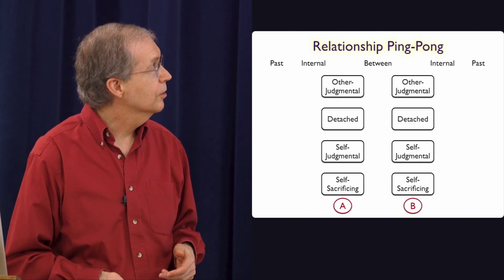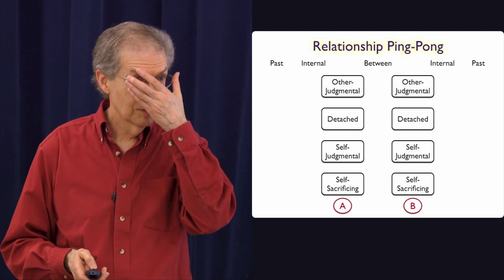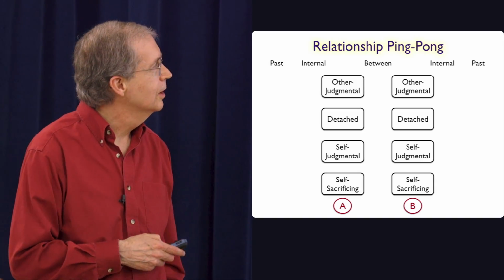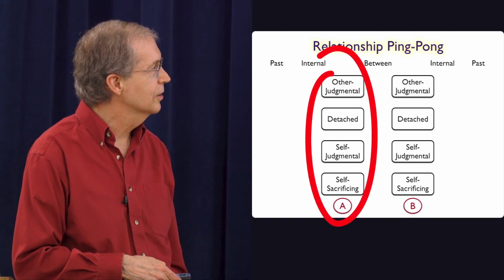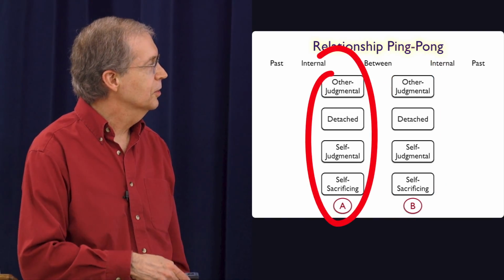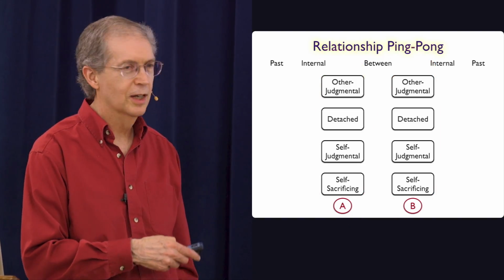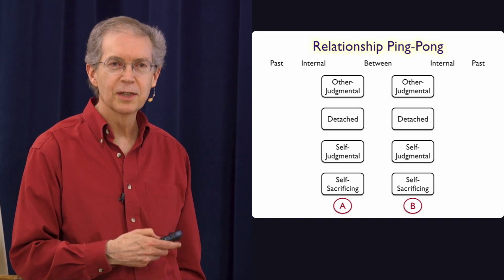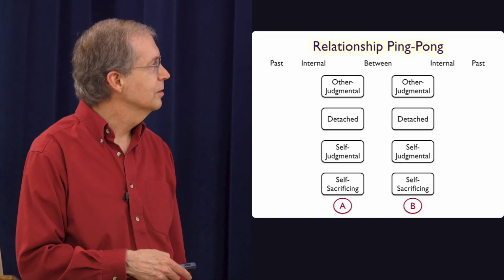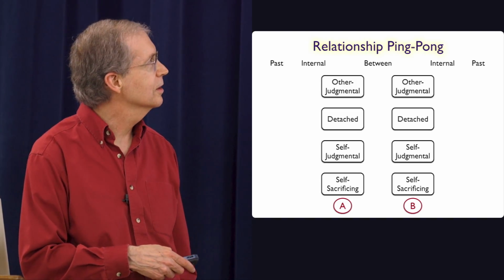Next, we go to relationship ping pong. And I'm going to have to describe this a little bit. This is two people with their subpersonalities. This person A here with a group of subpersonalities, and person B over here. They have the same subpersonalities because I figured it'd be easier for me to describe that. But if you were actually using this approach, each person would do something to identify their subpersonalities.